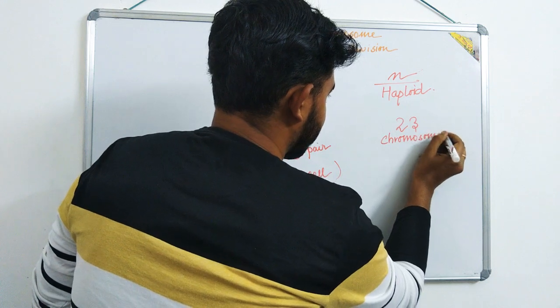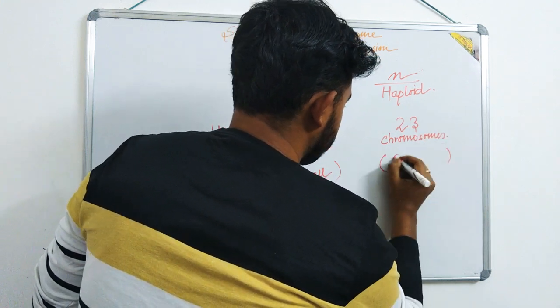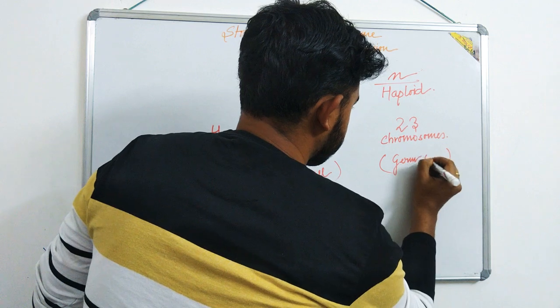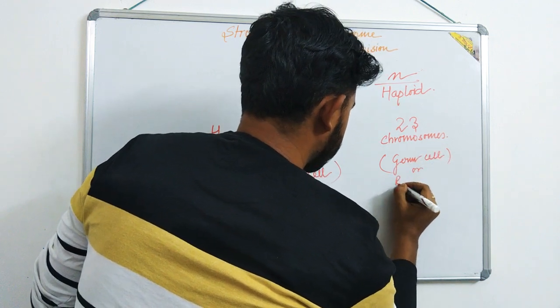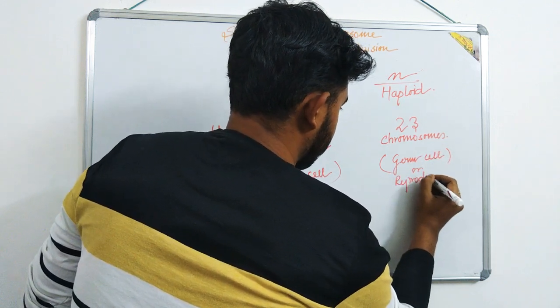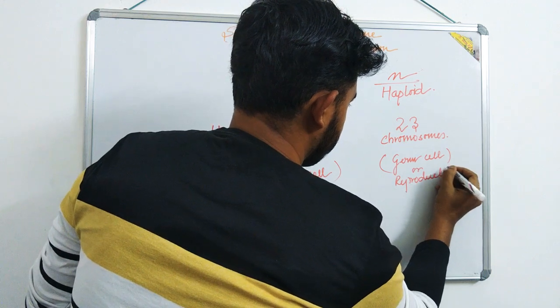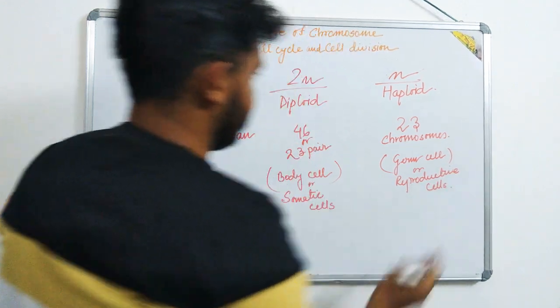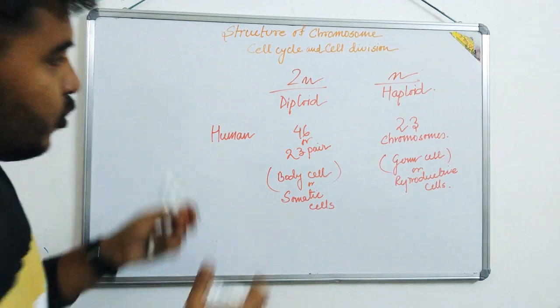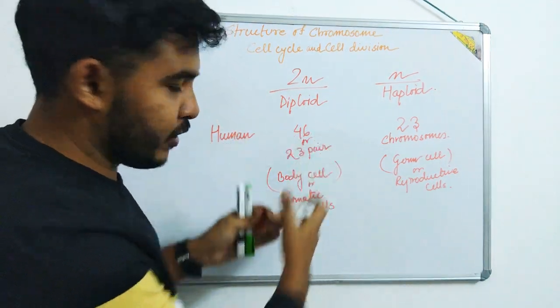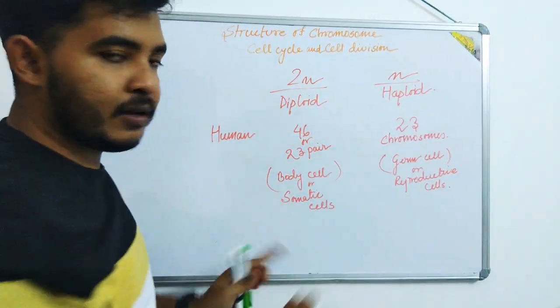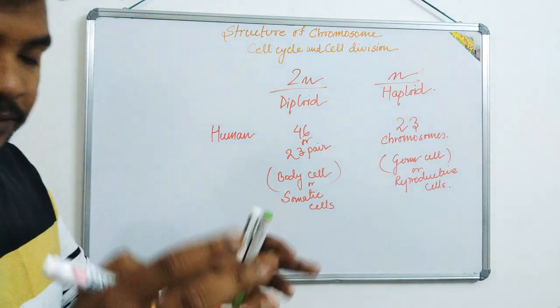That happens in the germ cells or reproductive cells. Okay, so look, in the diploid the number of chromosomes is 46, and it just gets halved in the haploid. Just keep that in your mind.